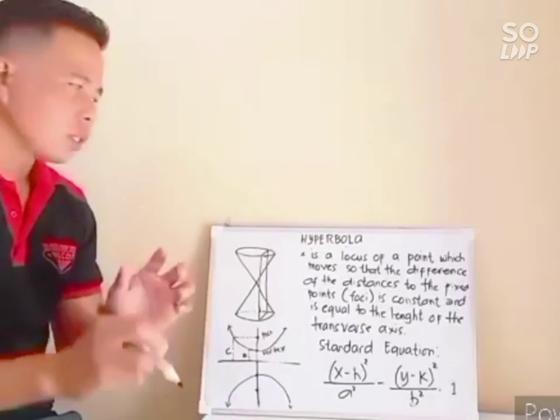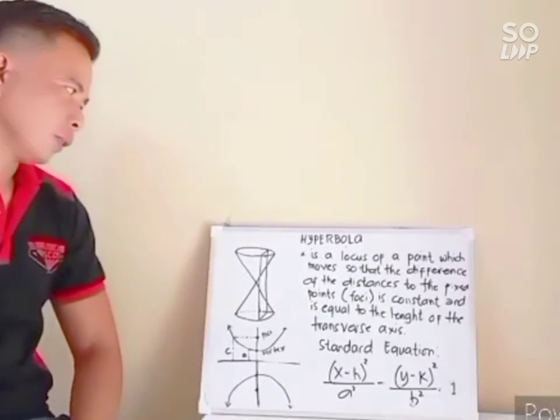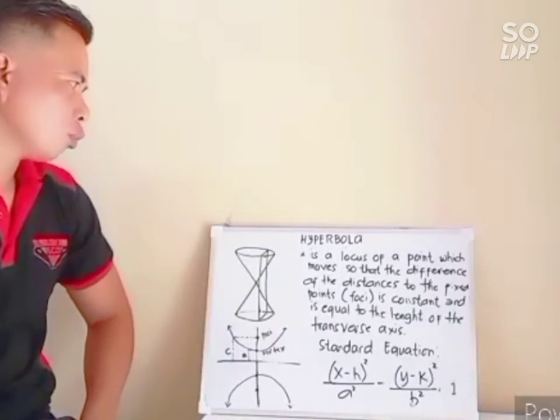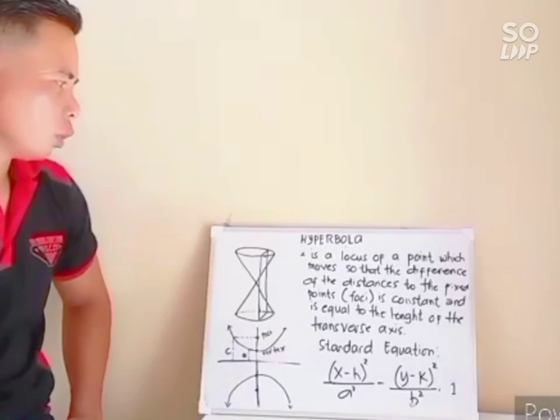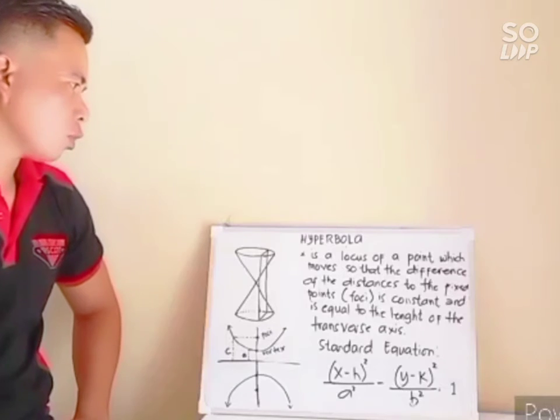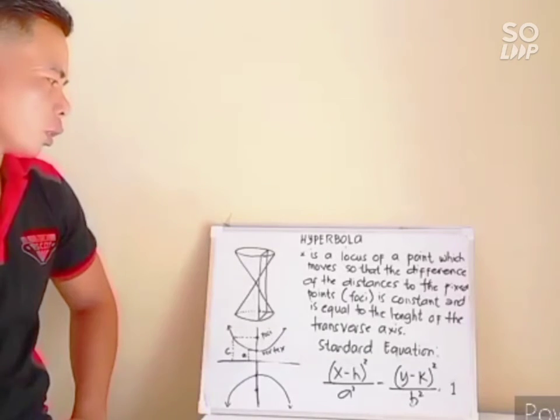So our next topic is hyperbola. We can define a hyperbola as a locus of points which moves so that the difference of the distances to the fixed points, or the foci, is constant and equal to the length of the transverse axis.